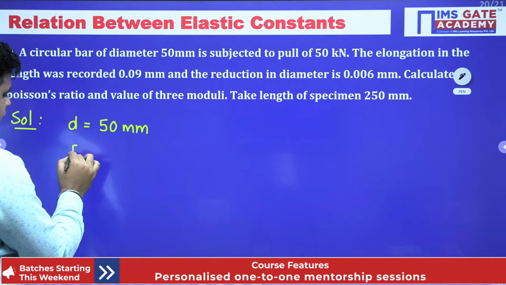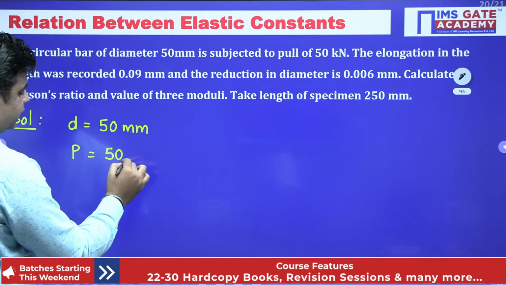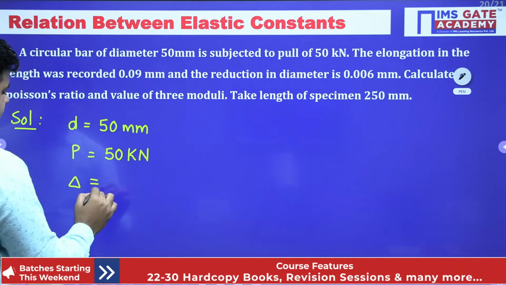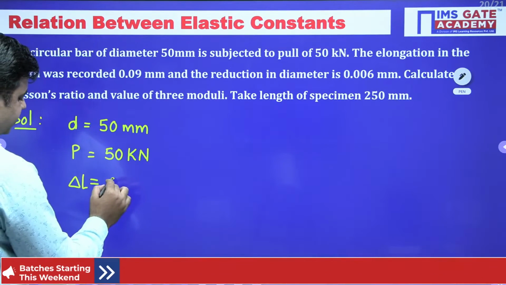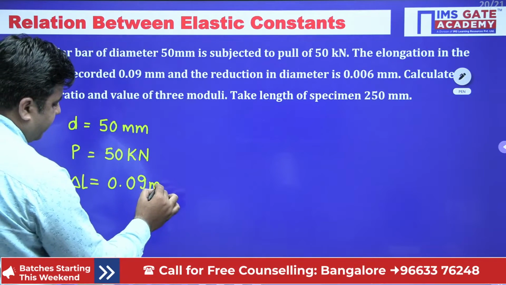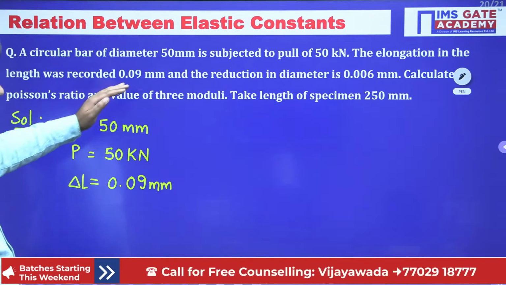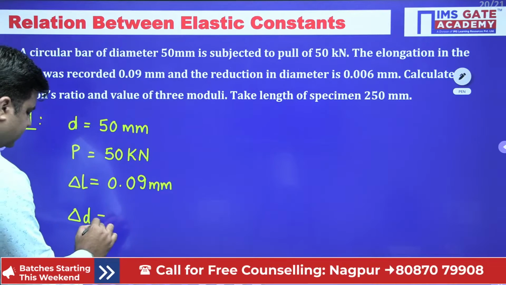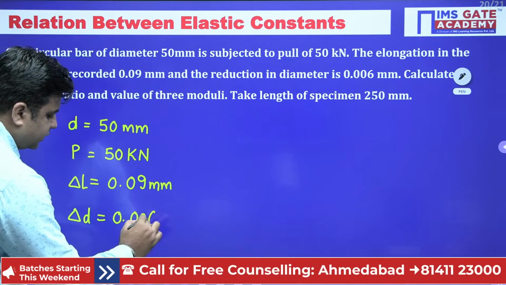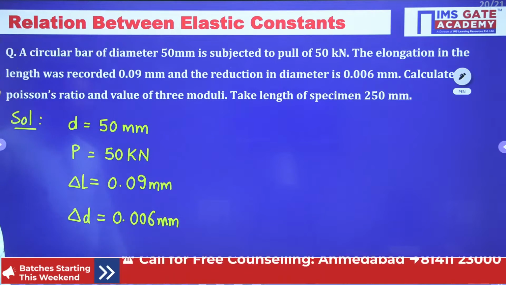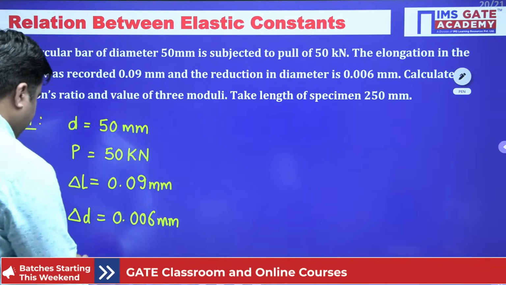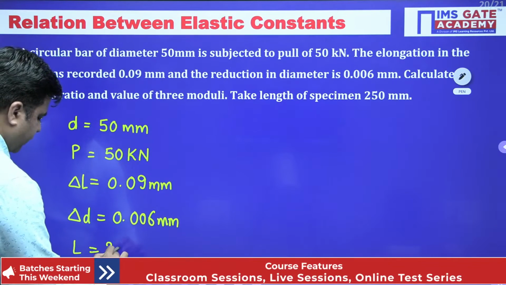So the pull load is given as 50 kilonewton and elongation delta L is 0.09 mm. Next, the reduction in diameter, delta D, is given as 0.006 mm. Calculate the Poisson's ratio and the value of the three moduli. Take the length as 250 mm.